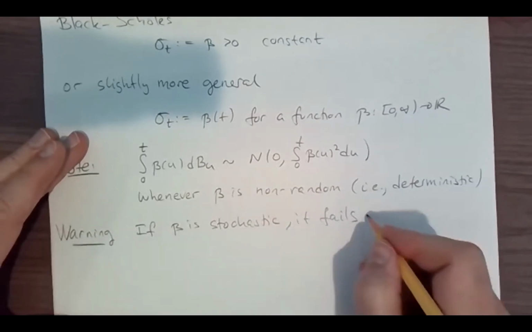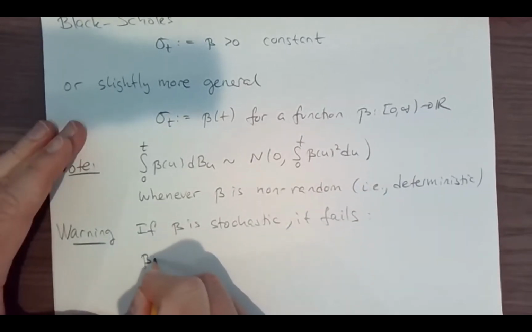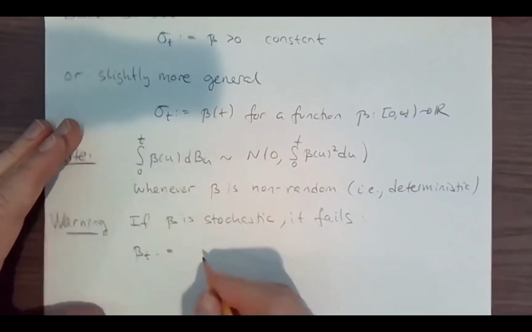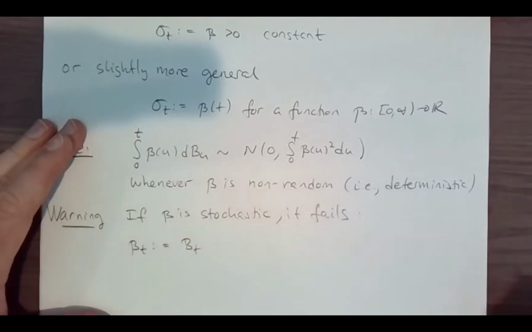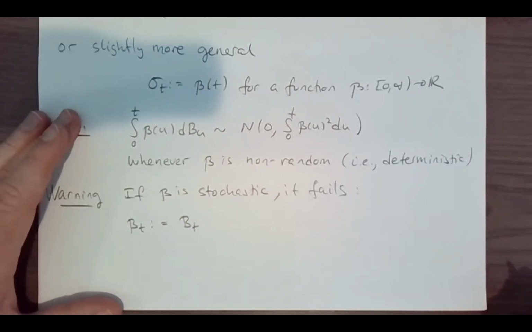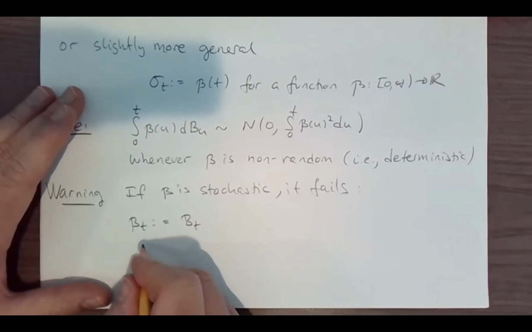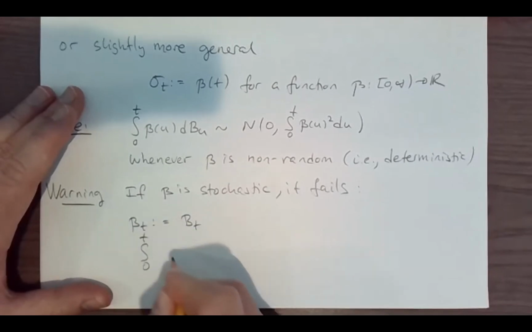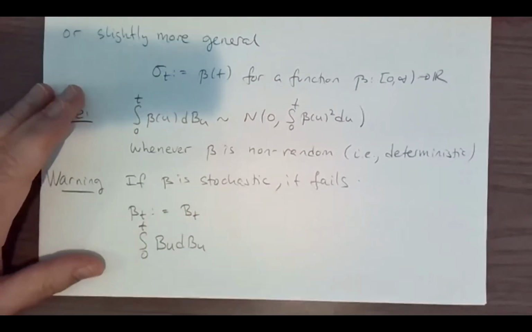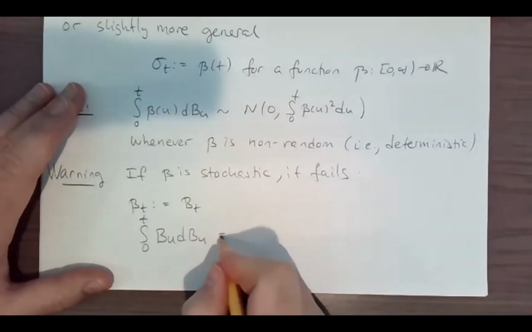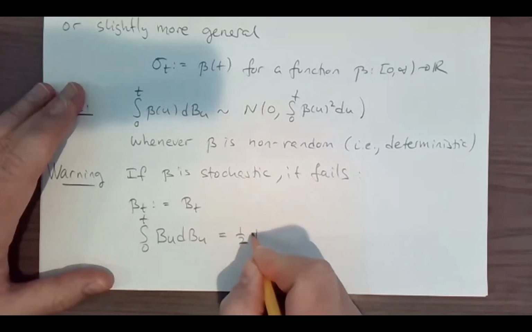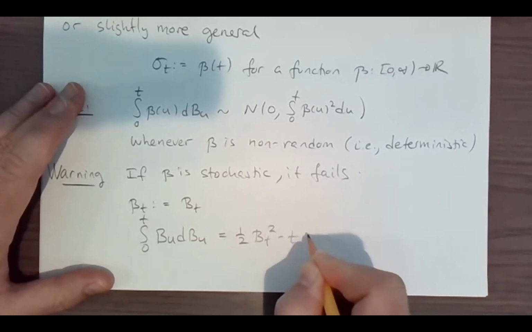And just an example, if I took beta_t to be just a Brownian motion, then if I'm looking at the integral from 0 to t of B_u dB_u, that was one we had last time, but that came out to be a half times B_t squared minus t.